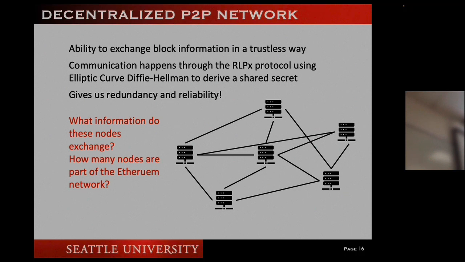I guess, what's the incentive for a node that just stores information or exchanges information on the network? Is there no incentive, just like, I want to be part of the network? That's a good question. I think it is around reliability. The other advantage of running a node is you now have access to blockchain information. You can go to Etherscan, or to some of the infrastructure providers, and read the blockchain through those.